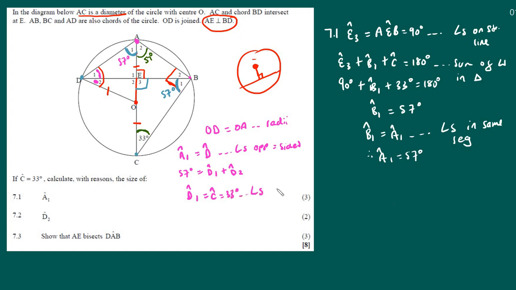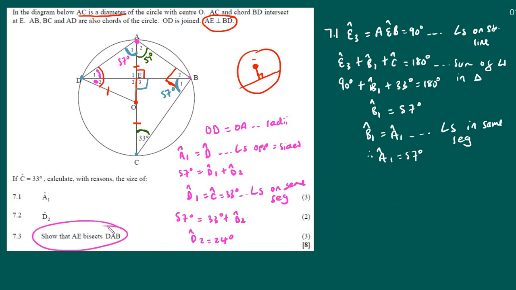It's still saying angles on the same segment. Then you can say 57 degrees will be equal to the 33 degrees plus the D2. Then you'll be able to solve for D2. I think you should get it as 24 degrees, yeah. So D2 will be 24 degrees.